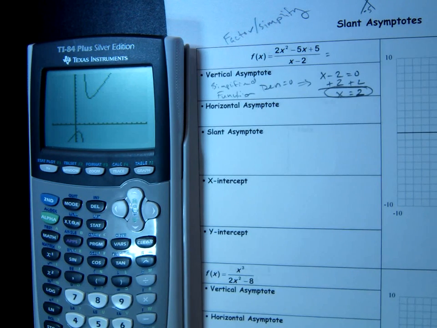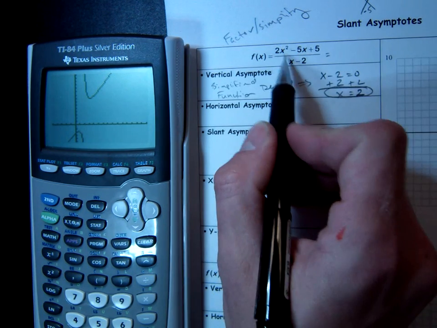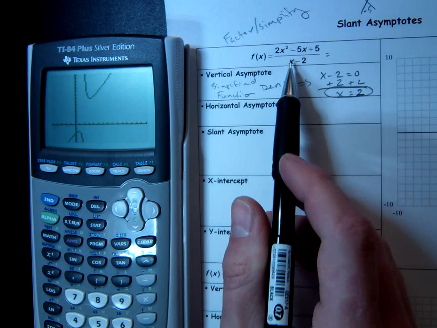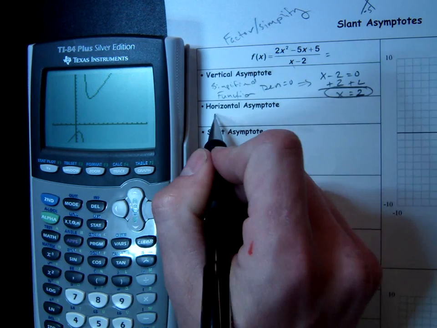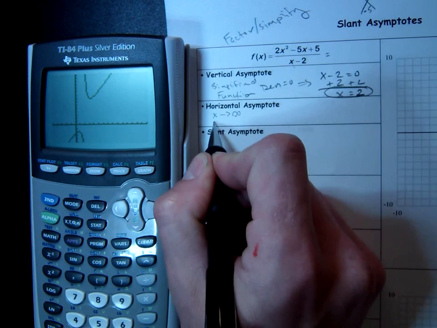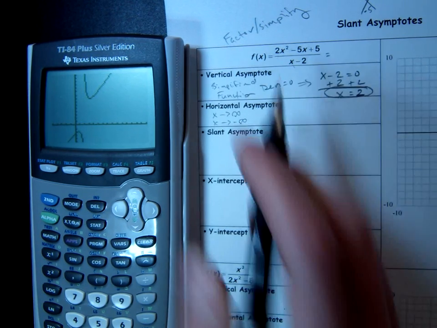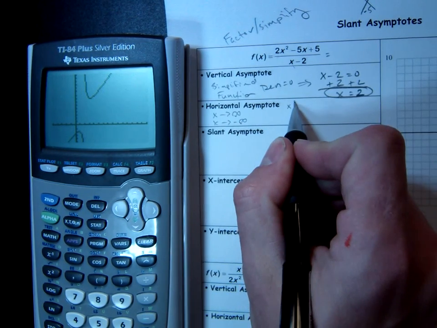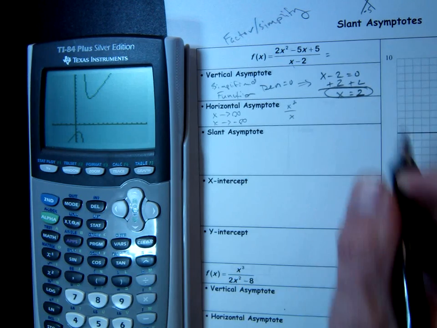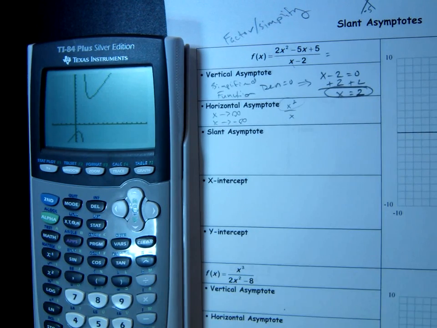Now, horizontal asymptotes. What we're basically looking for is a relationship where, as x gets really big, or as x approaches infinity or negative infinity, what's going to happen? Looking at my big powers, I have an x squared over an x. That x squared is going to get big way faster than the x.